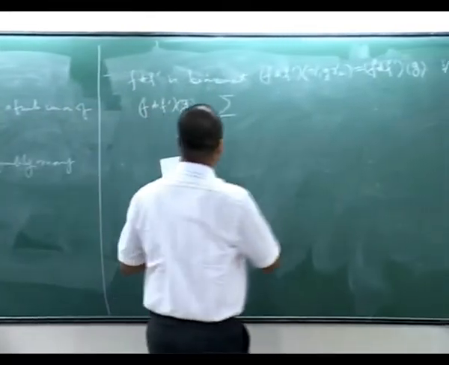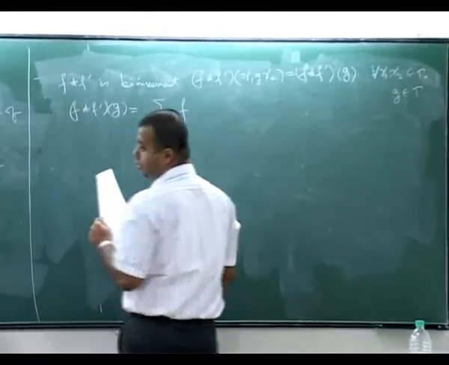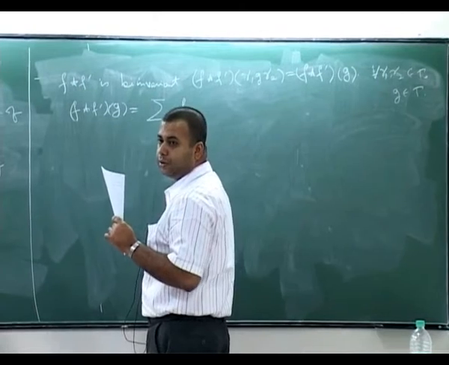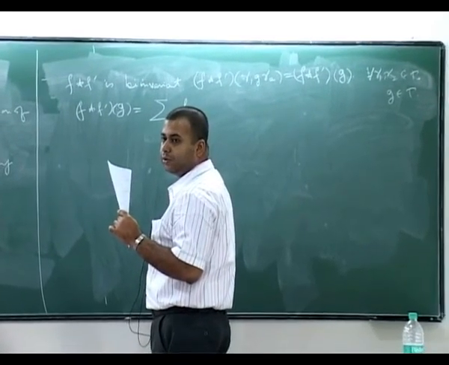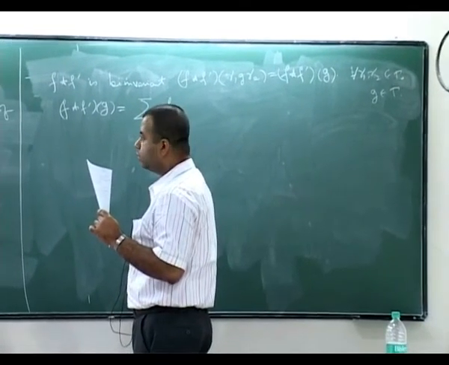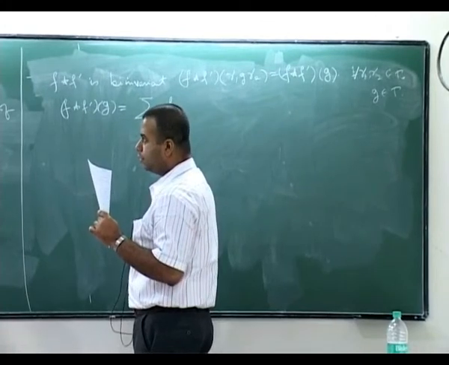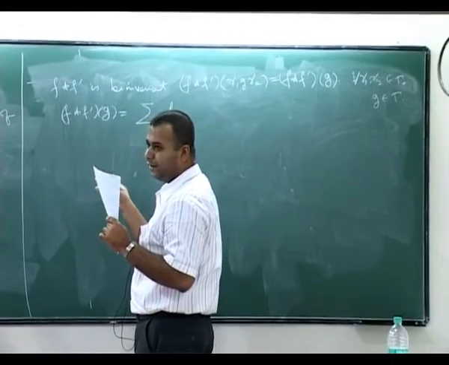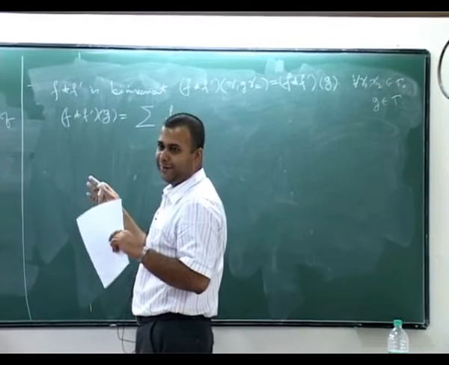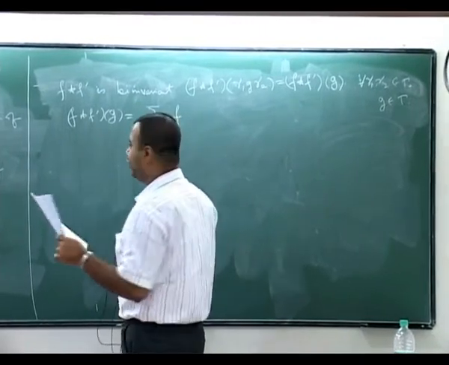If you multiply two double cosets, then that will be a union of double cosets. What will be the multiplicity of different double cosets? We do not know anything. It is just a symbol gamma naught. All you need to know is that this is an algebra.